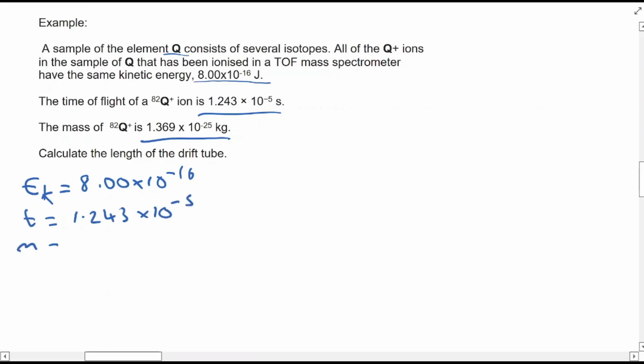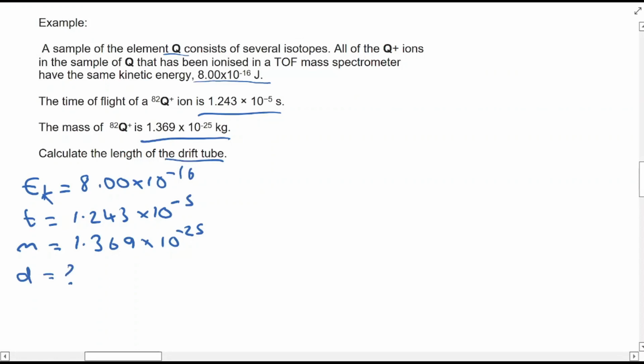We've got a mass of 1.369 × 10⁻25. That's a really small number, but it's in kilograms, and atoms and ions are very, very small, so that's perfectly fine. And we're after calculating the distance, the drift tube. That's what we're trying to find out.